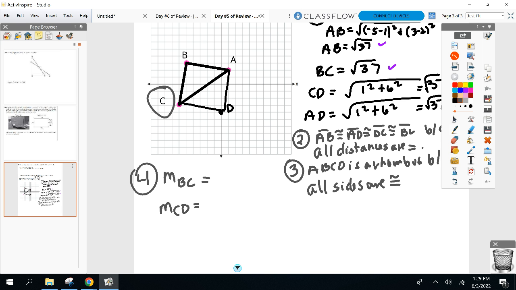You choose. Slope formula, y2 minus y1 over x2 minus x1, or rise over run. I'll ask what it is in a second for BC and CD. And hopefully there's some kind of relationship between them, which there should be if I need a right angle.